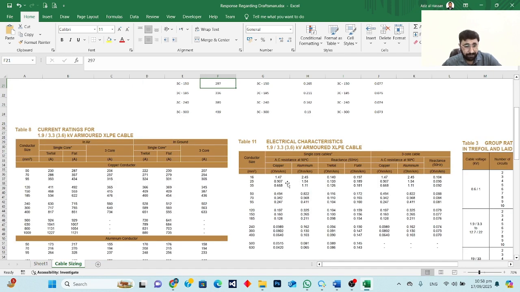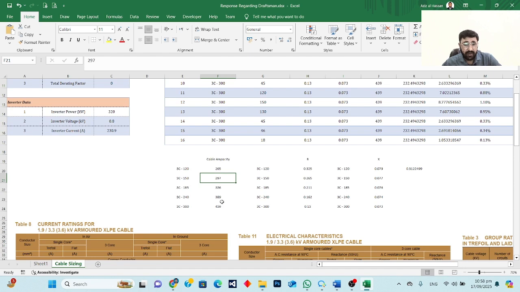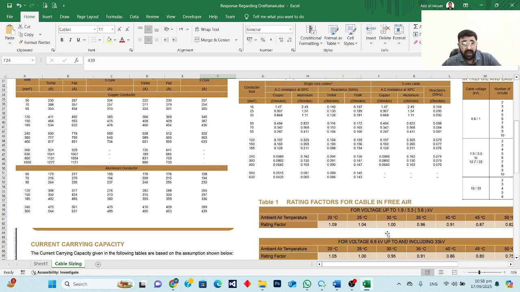You can see that I have taken these values from this three-core 150 in the ground, 296 aluminum cables, like 297, 336, 389 and 439. I have taken these values, and also I have taken the values of X and R.